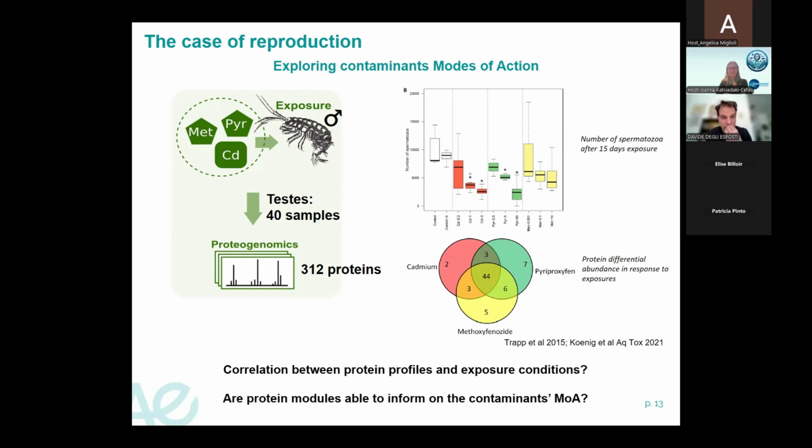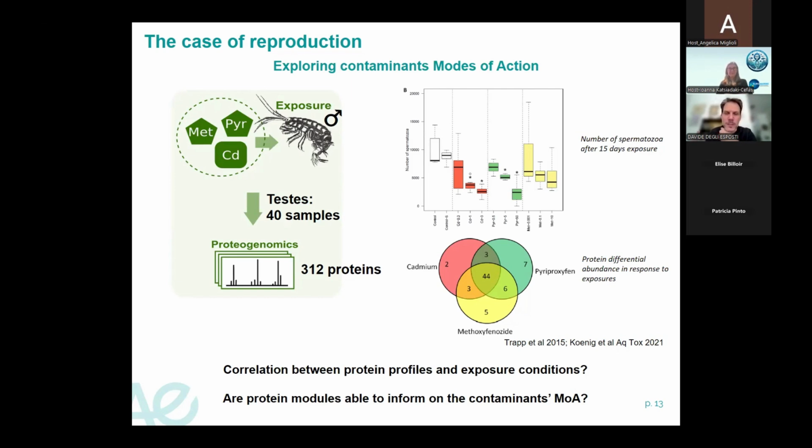So we tested 40 samples from these different cases, and from a phenotypic point of view, we observed a dose-related decrease in the number of spermatozoa in cadmium, in the red here, and in pyriproxyfen treated organisms.